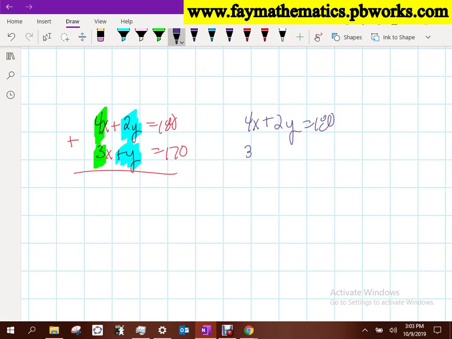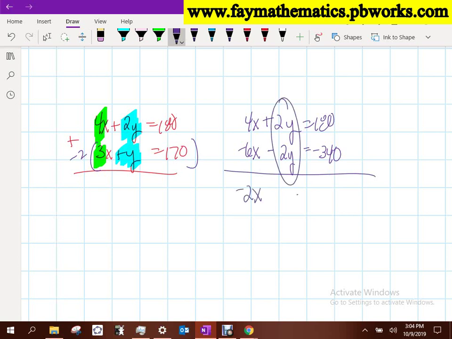And the bottom one, I want to multiply by negative 2. Because now that's going to make negative 6x minus 2y equals, okay, 170 times 2 is what, negative 340? And now I'm going to add straight down. That gives me, what, negative 2x's?